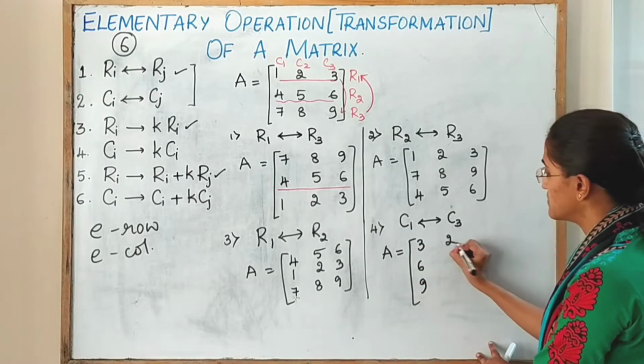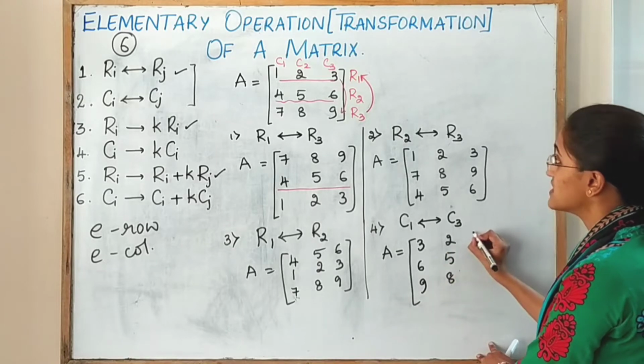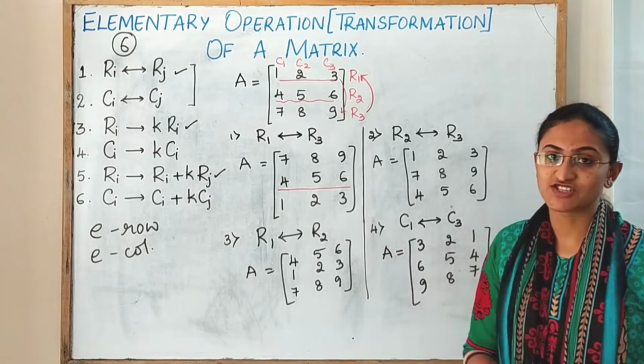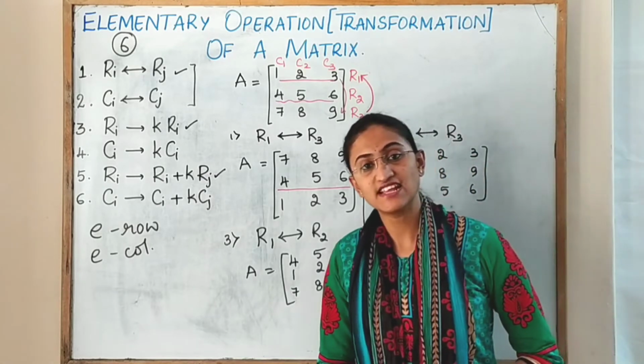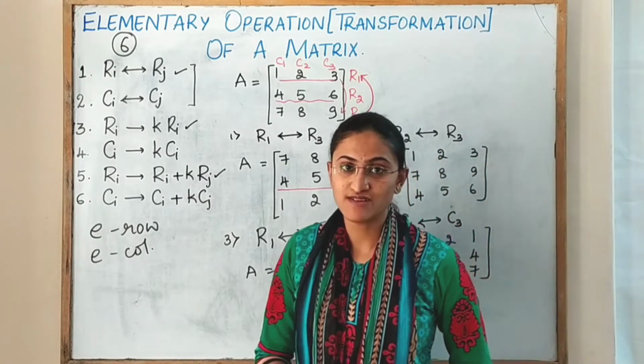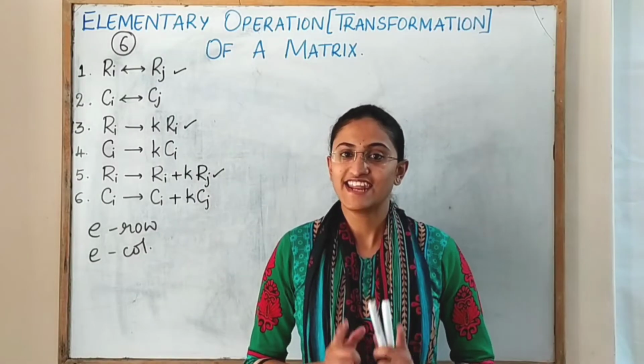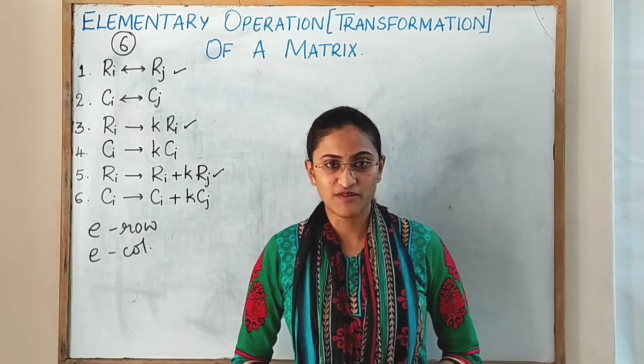The second column remains as it is and the first column will be our third column now. In the same pattern, you can interchange any 2 rows or any 2 columns as per your preference in the given problem. Let's now learn about the next operation.